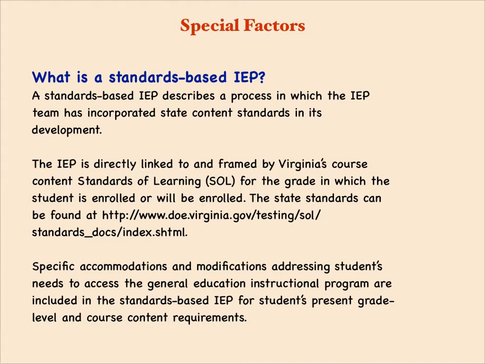But we see more and more this notion of standards-based IEPs. Standards are going to be our SOL standards, so the IEP is going to be based upon accomplishment of those standards. It's directly linked to and framed by Virginia's SOLs. So we're going to see not a cut and paste job, but we're going to see the goals and assessments, progress monitoring, very much in line with SOLs.